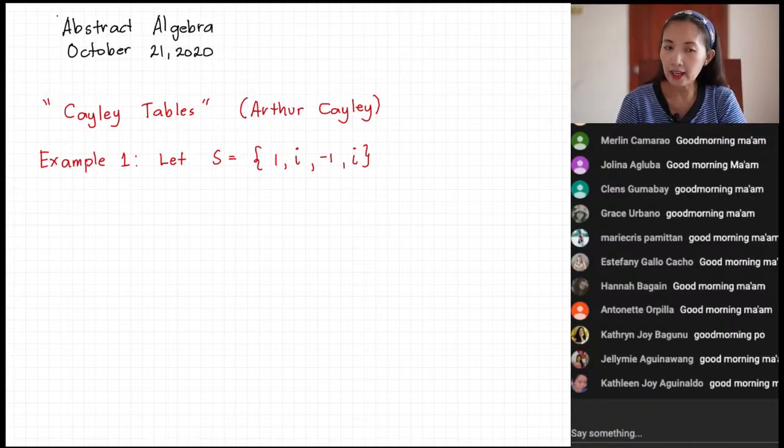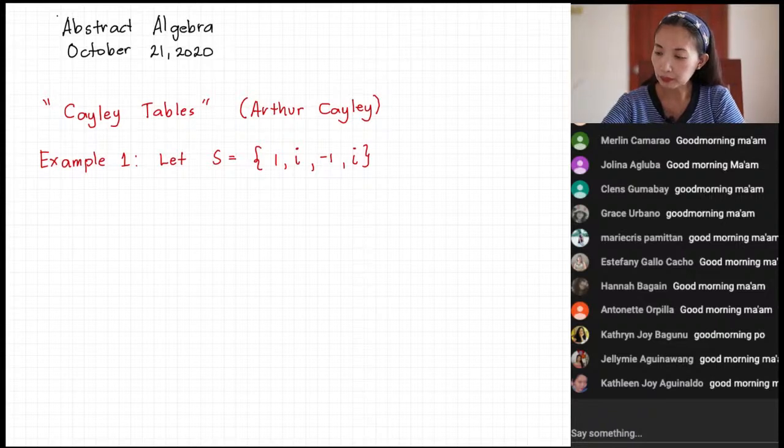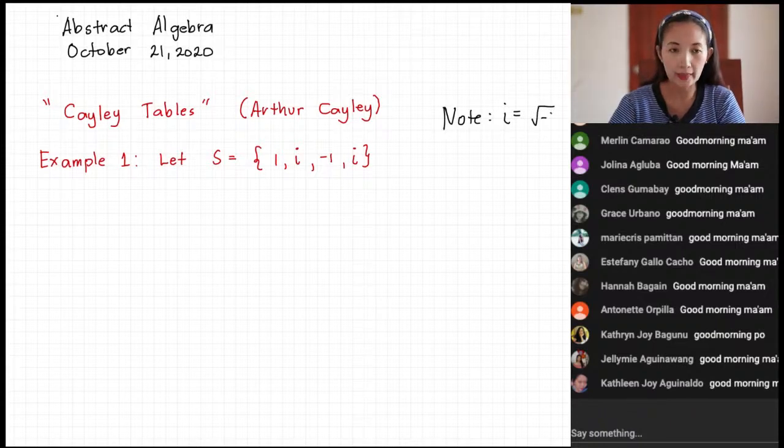Let set S be the set whose elements are 1, i, negative 1, and negative i. Take note that your i is the square root of negative 1.